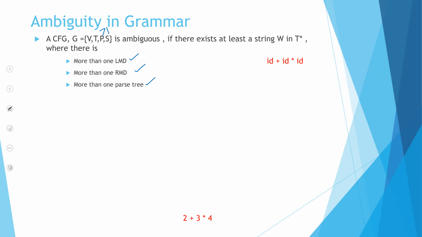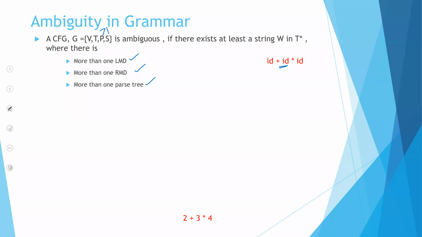If any of these exists, you say that a particular grammar is an ambiguous grammar. Now, let's find out whether this particular grammar is ambiguous or not.